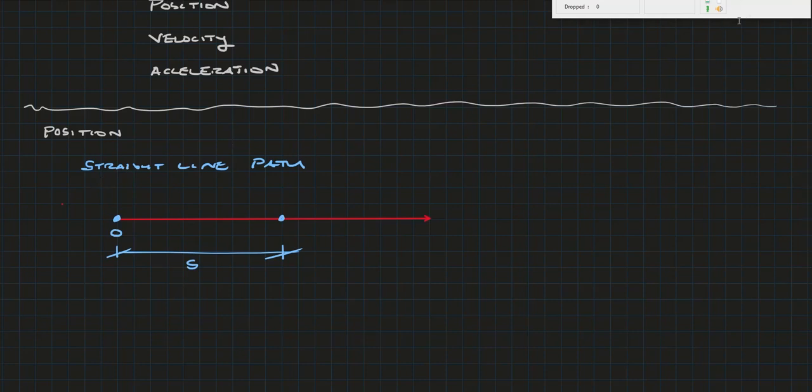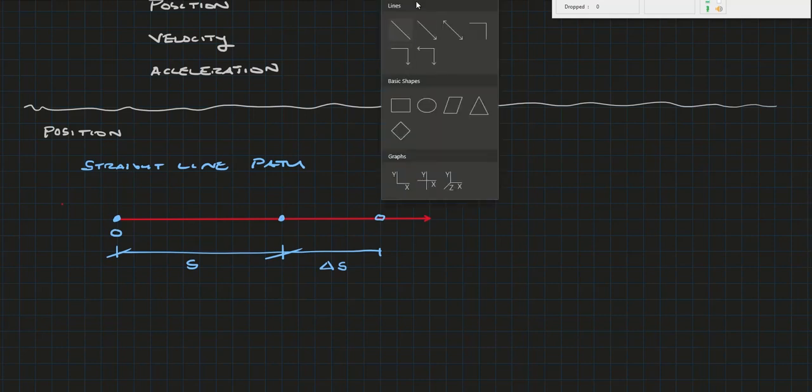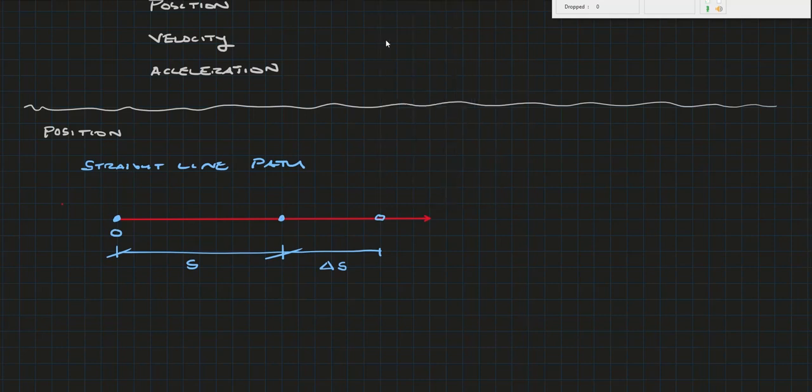At some point, the particle may move to a new location and have a change in its position by the amount of, say, delta S. So the overall position of the particle here we might say is S prime.